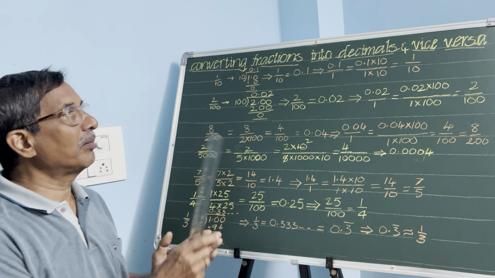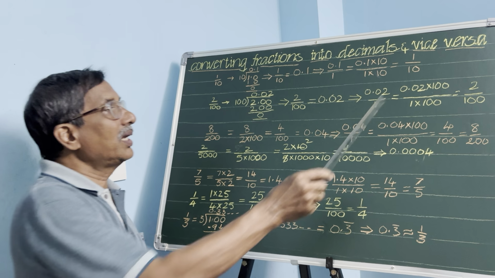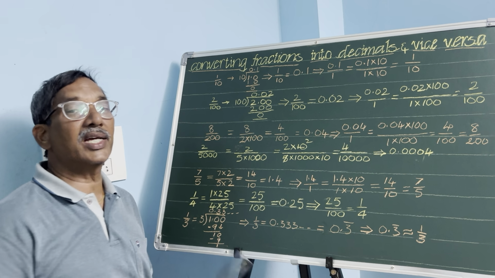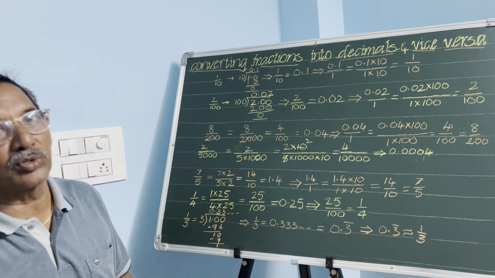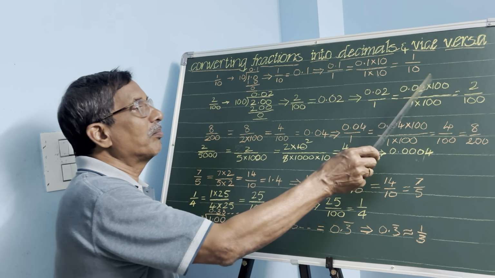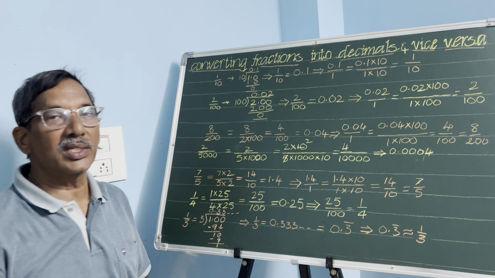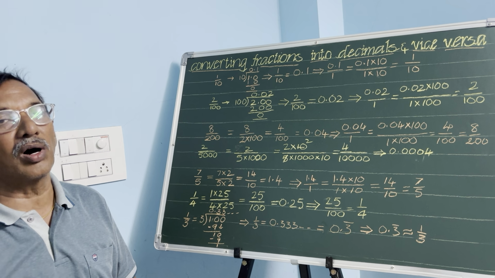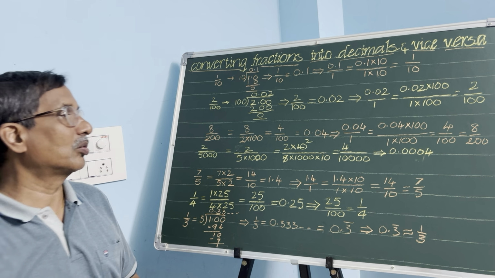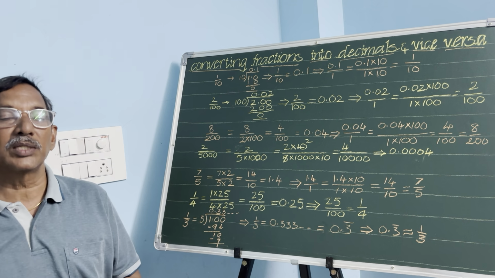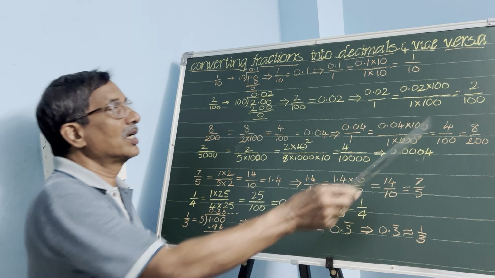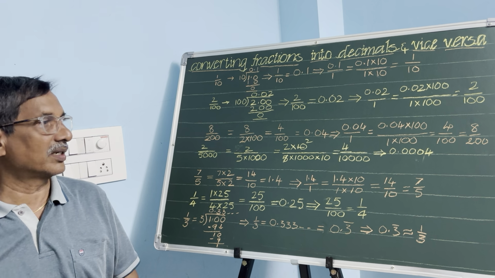Here 100 has two zeros, so the decimal point moves two places towards the right. So 0.02 into 100 is equal to 2.00, or just 2, over 100. So the decimal fraction 0.02 equals the normal fraction 2 by 100.